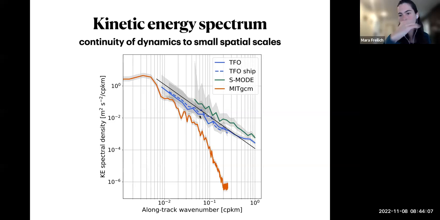And these are not isotropic spectra, these are just along a particular line. Maybe the takeaway from this answer is that we need more statistical tools to actually disentangle the dynamics from our velocity observations.